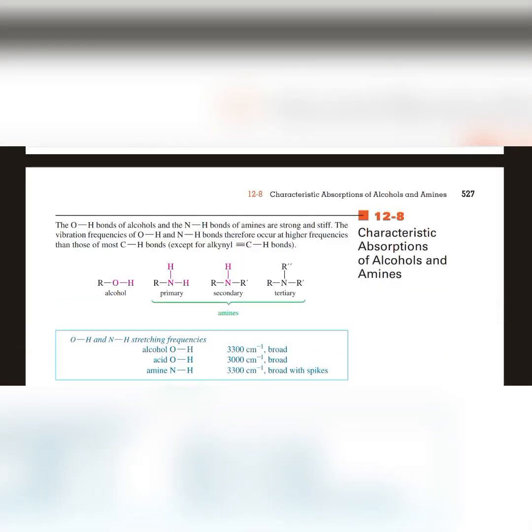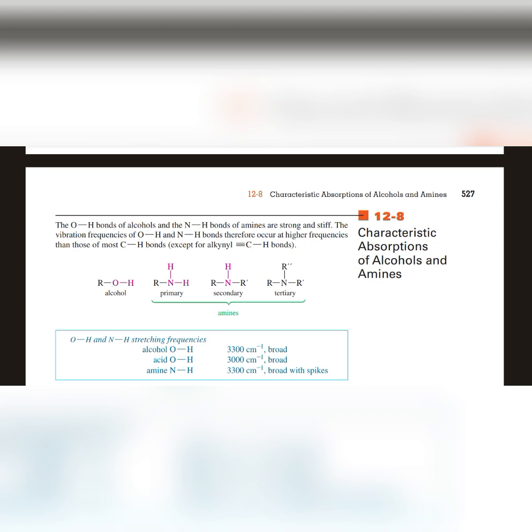Characteristic absorption of alcohol and amine. The O–H bond of alcohol and the N–H bond of amine are strong and stiff. The vibration frequencies of O–H and N–H bonds therefore occur at higher frequency than those of carbon-hydrogen bonds.